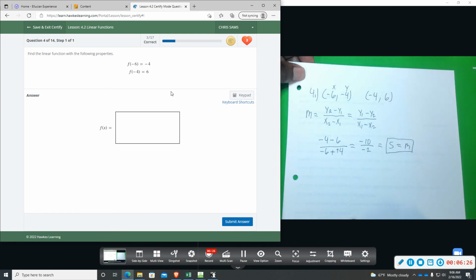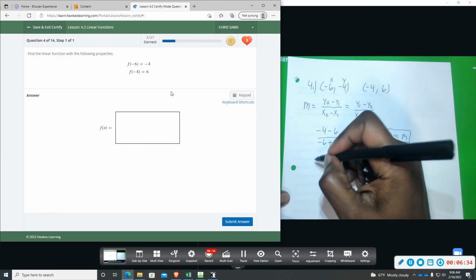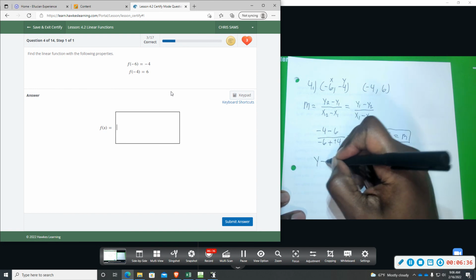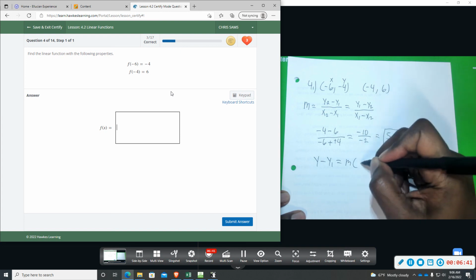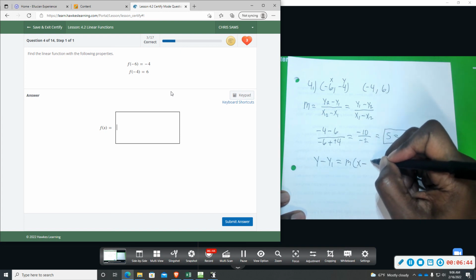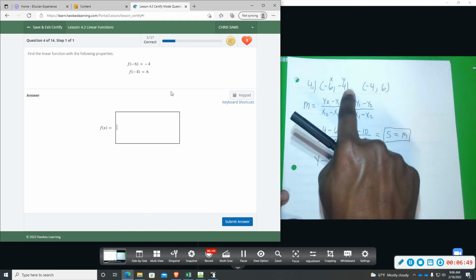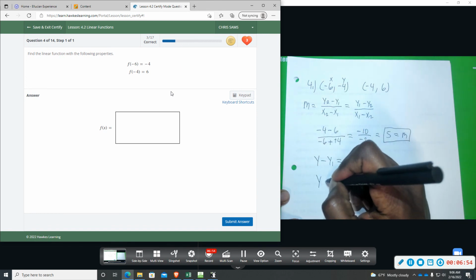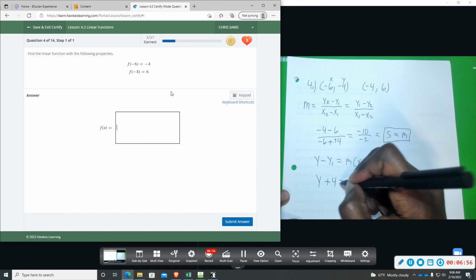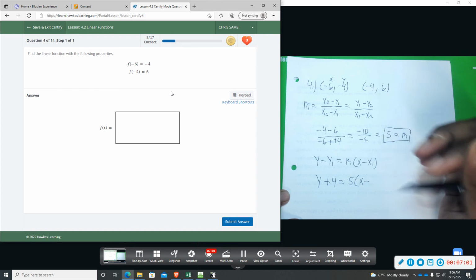And now I can use either one of these points. It doesn't matter. I'll probably just use this first point, and I'm going to use it in point slope form. Y minus y1 equals m times x minus x1. I'm going to plug in this point. So y minus a negative 4. So y minus a negative will be plus 4 equals 5 times x minus a negative 6.